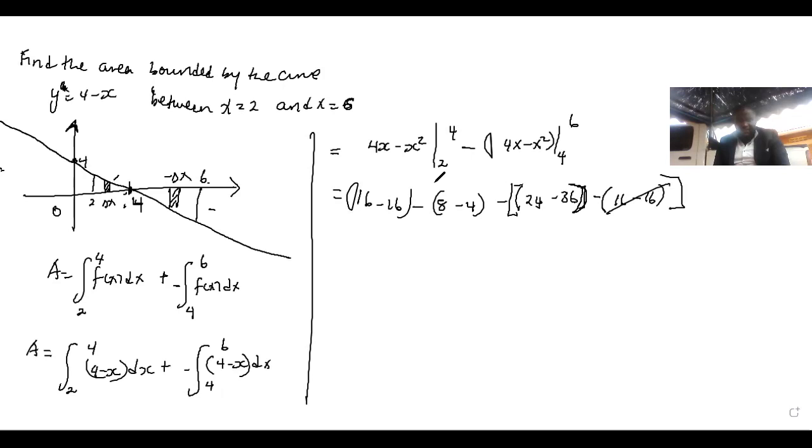So this gives us 0. Also, this gives us 0. So this will attain negative 4. 24 minus 36 is a negative 12.